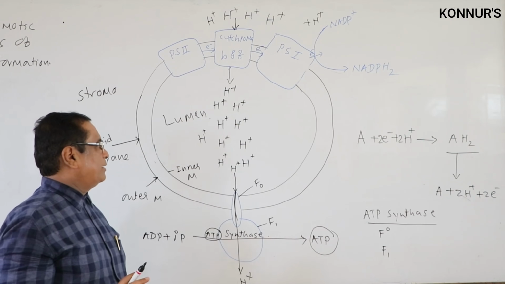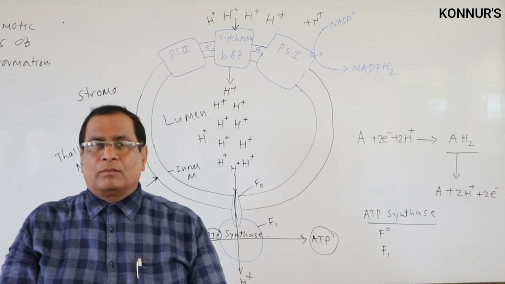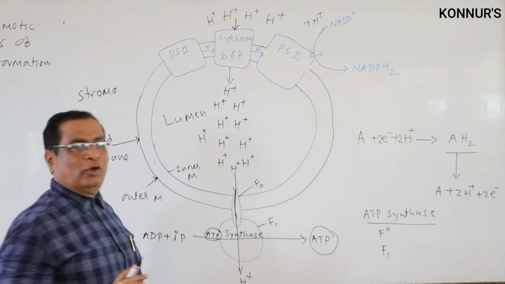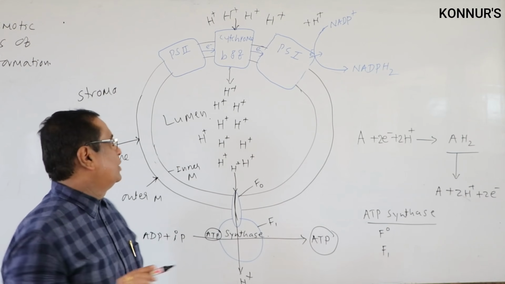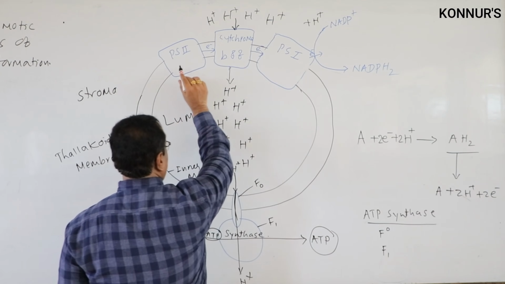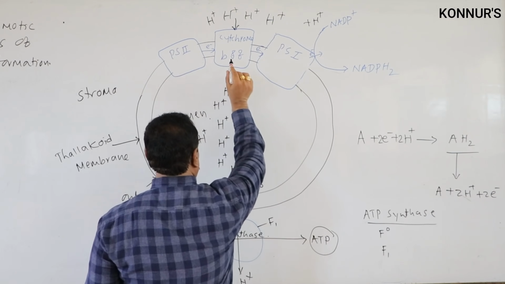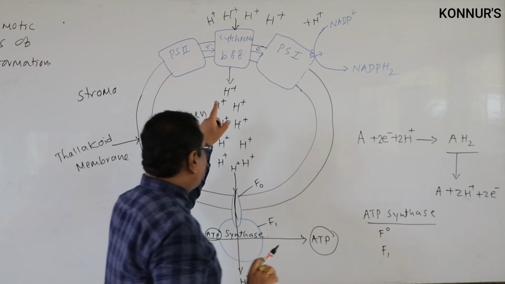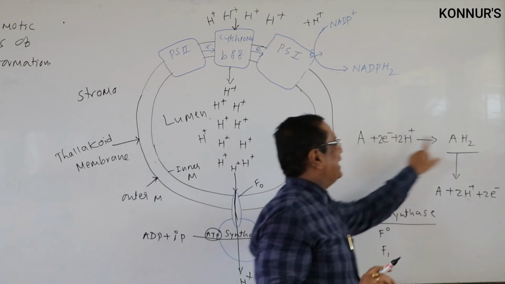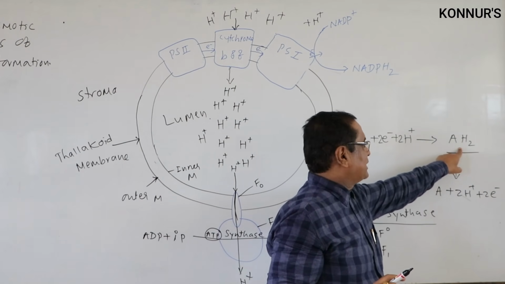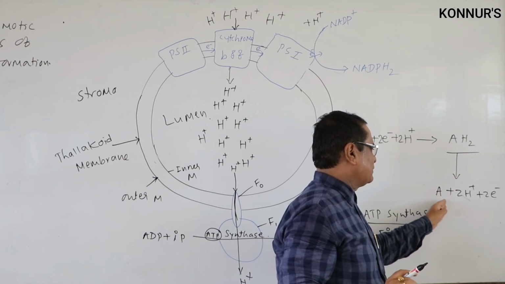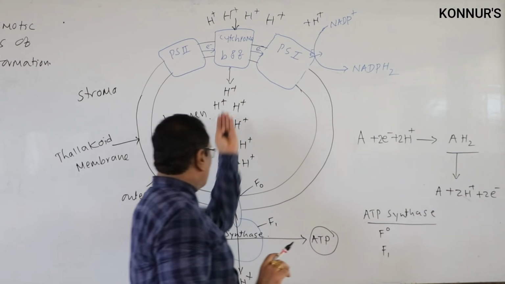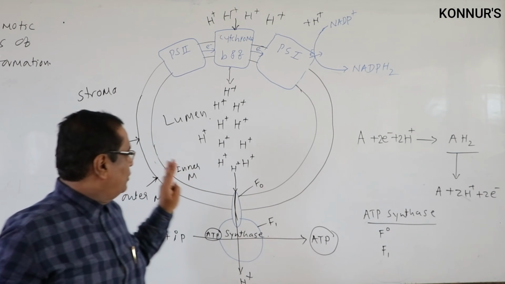And see here, proton concentration increases in the lumen. That is due to the flow of electrons from photosystem second to photosystem first through cytochrome B and F. To reduce that cytochrome B and F into reduced cytochrome B and F, and once again it splits, electrons are pushed to photosystem first, protons are pumped into the lumen.